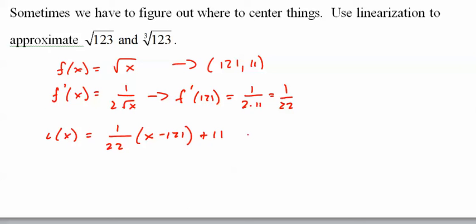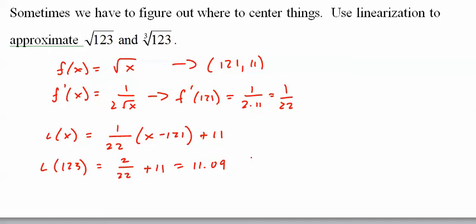Plug in 123. And we're using this to approximate because we're pretty close. We would get 2 over 22 plus 11, which in this case is 11.09. Technically 09 repeating, but I'm not going to get into that.